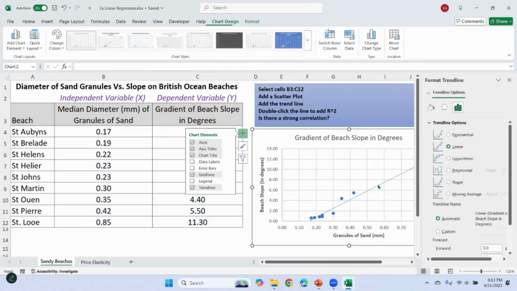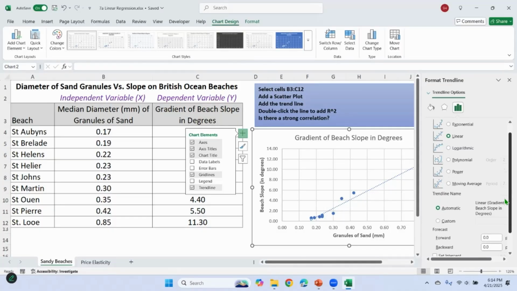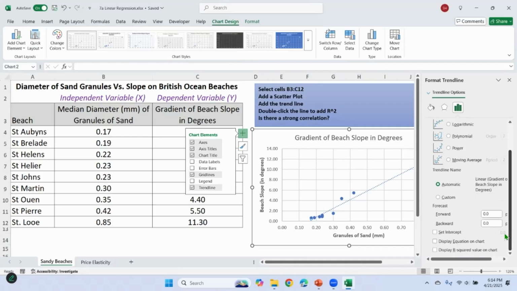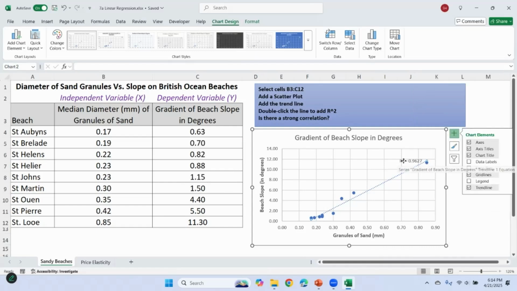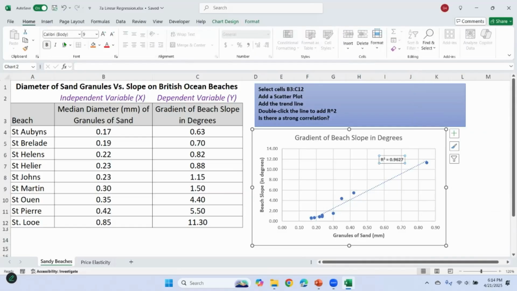Then let's go down, and we want to add the R squared value on the chart. We turn that on and then close this box. We have this value. Let me go to Home and make it bold.